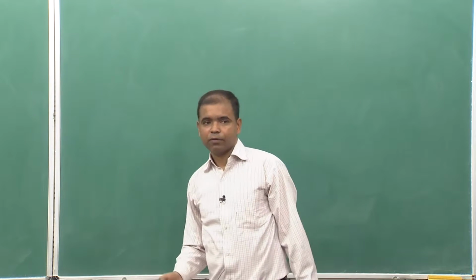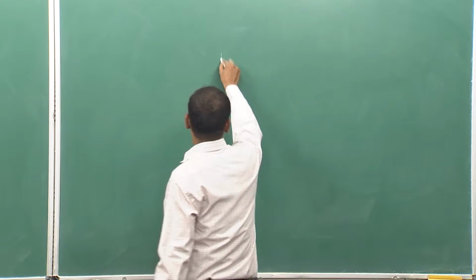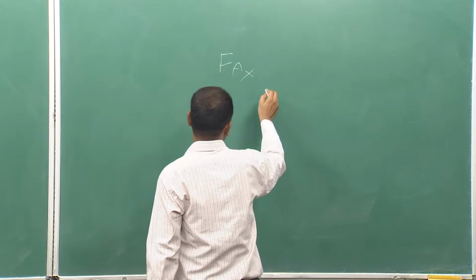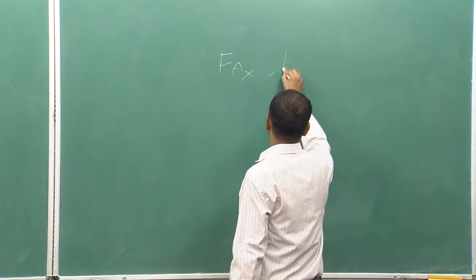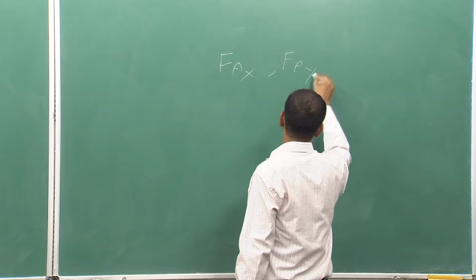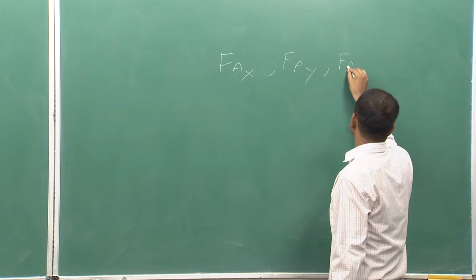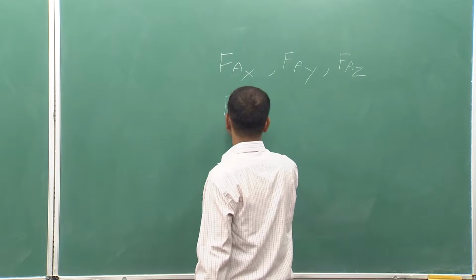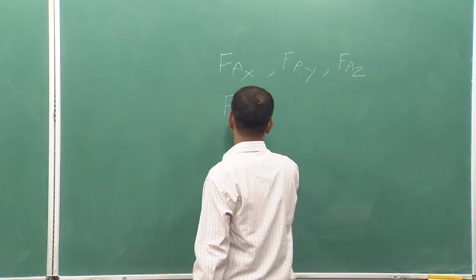So, finally, you have all the three aerodynamic forces, F aerodynamic x, F aerodynamic y and F aerodynamic z, and the thrust forces you can decompose in the x, y and z direction.